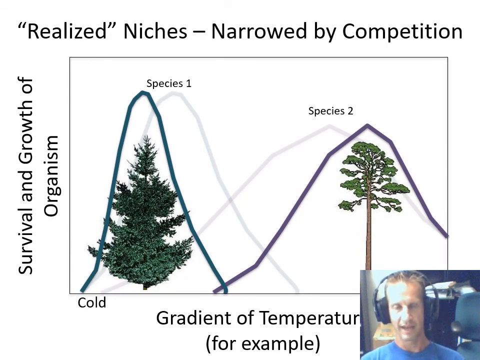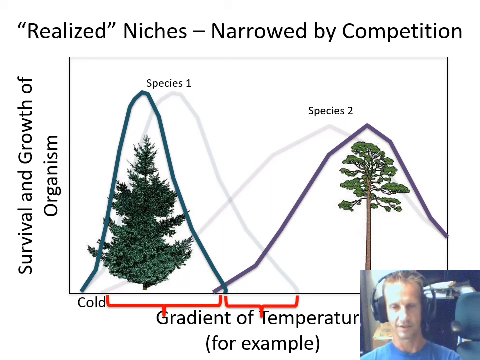And that relates back to the example that we gave in a previous talk about how organisms' niches in the environment are narrowed by competition. We talked about how the fundamental range of conditions that a fir tree or a pine tree could occupy is fairly broad and there's overlap, but due to competition, that compresses the species down into the range of environmental conditions where it does best and can be the competitively dominant species.